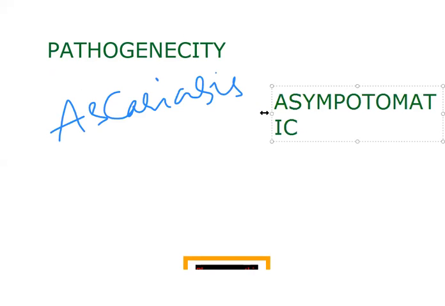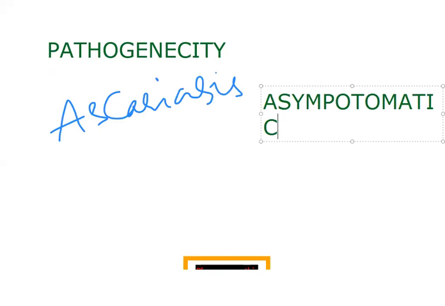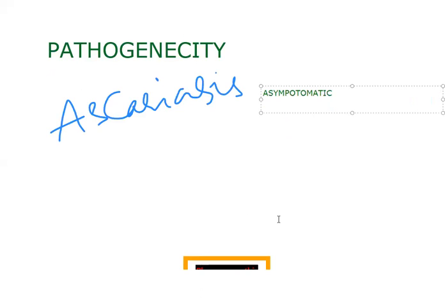In those persons who have fewer worms, we can say it is asymptomatic. If the roundworms, Ascaris worms, are fewer in the person, no symptoms are expressed. But he spreads the disease to other people, though he doesn't have any symptoms. That is going to be dangerous.